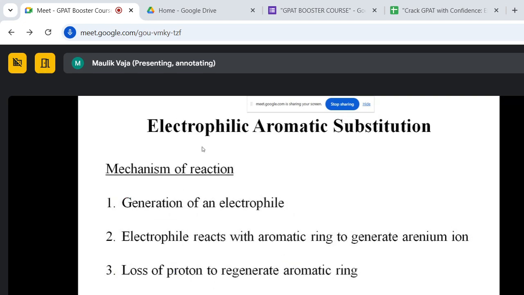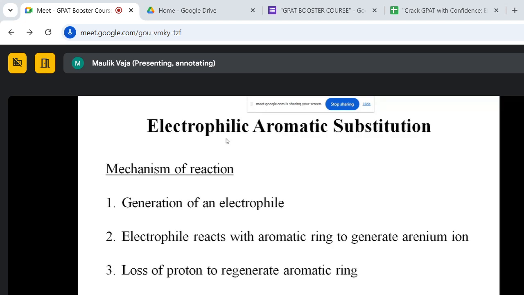Electrophilic aromatic substitution reactions include nitration, sulfonation, halogenation, Friedel-Crafts alkylation, and Friedel-Crafts acylation. Sometimes they ask the mechanism steps of electrophilic aromatic substitution reaction. It is a three-step reaction.